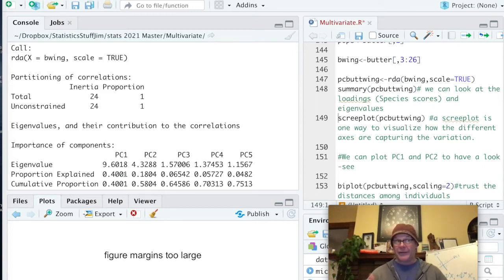Because otherwise, if we had done just a bunch of correlation plots, each axis would only explain 1/24th. But now we're able to get 9.6 worth into one axis, and that's going to explain 40% of the variation. The second PC axis is explaining 18% of the variation. The third is explaining 6.5, and so on.